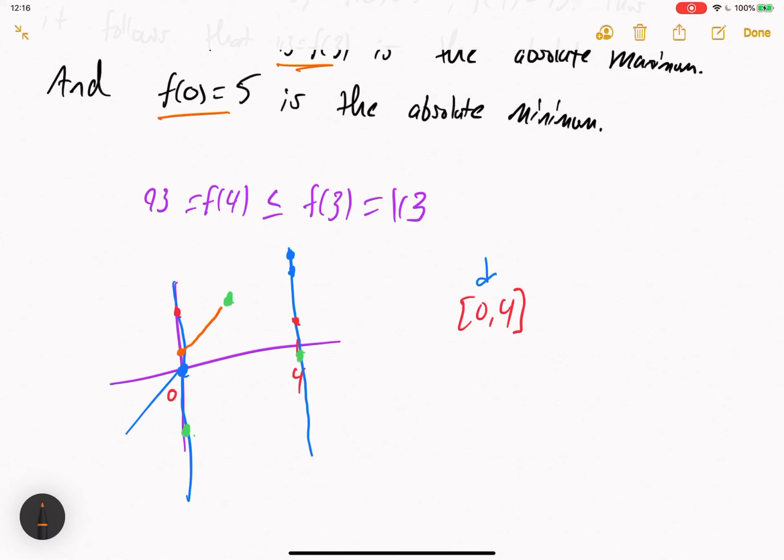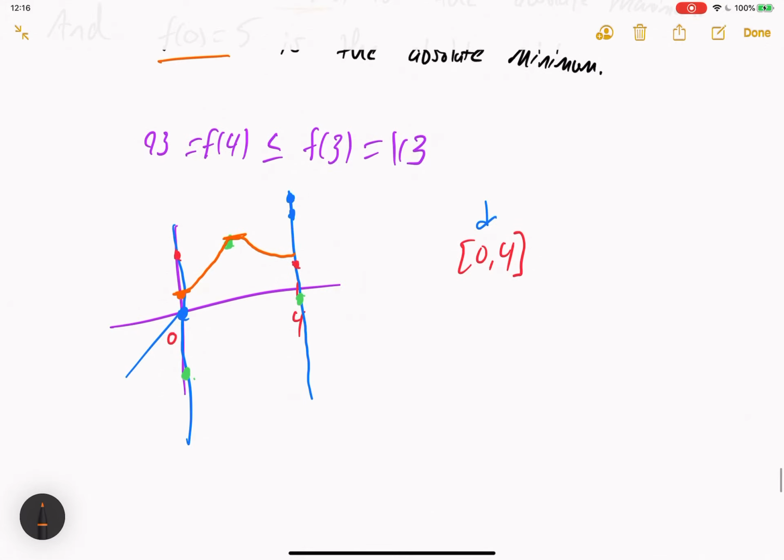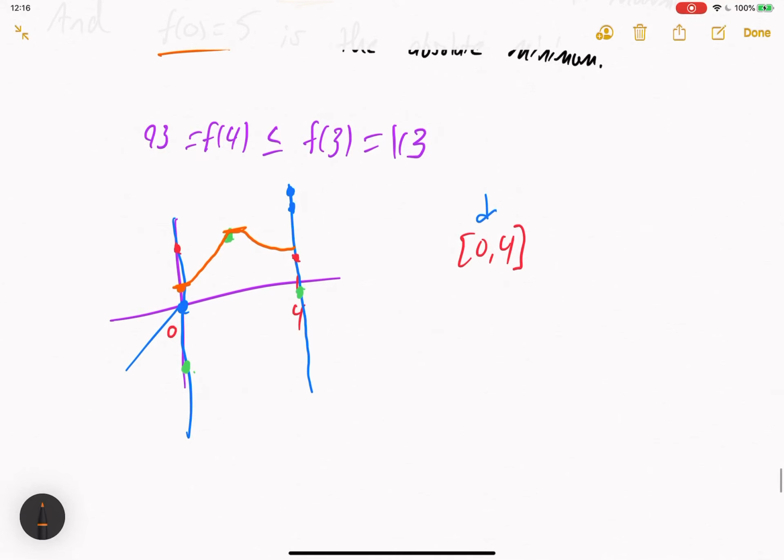And then we had a maximum at 113. But then at f of 4, it was 93. So this could be a case where the minimum occurs on the boundary, on the endpoints, and the maximum occurs on the top of it, somewhere in between 0 and 4.